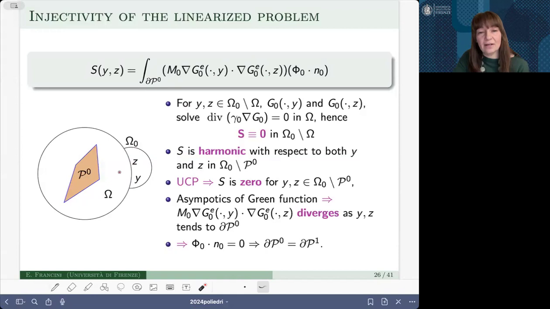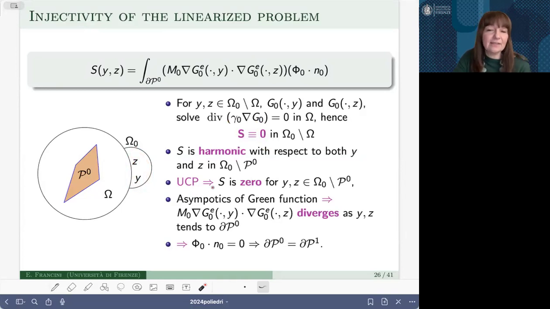So our solutions are harmonic outside omega and inside P0. So we have a function which is 0 in an open set and is harmonic. And so we can use the unique continuation property to infer that S is 0 for y and z belonging to the connected component of the domain that contains this part, and in which our function is harmonic.